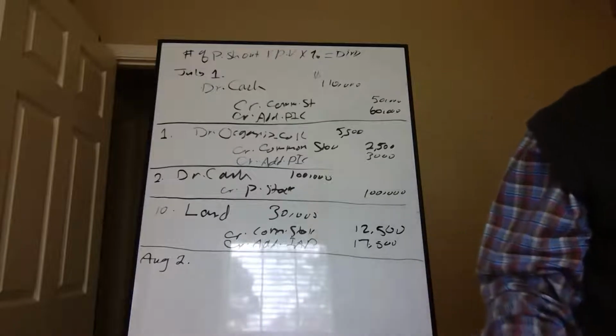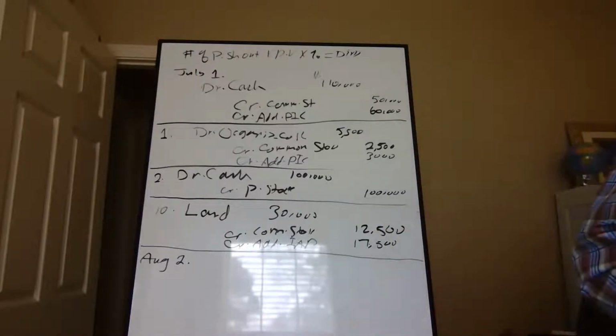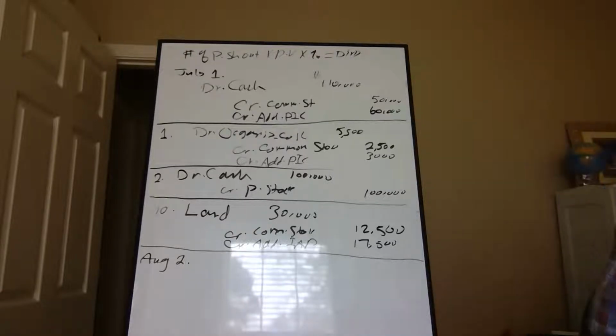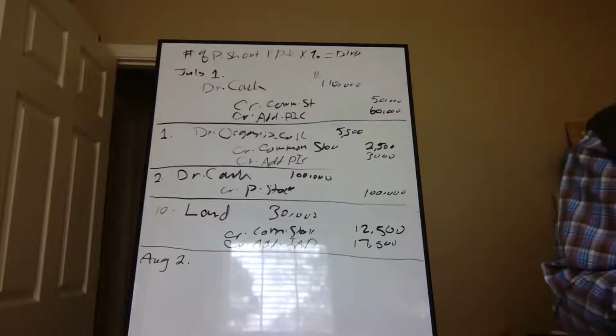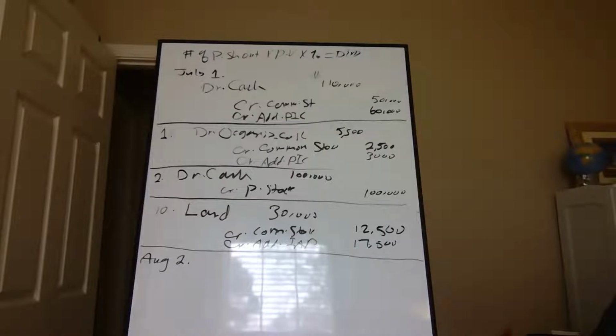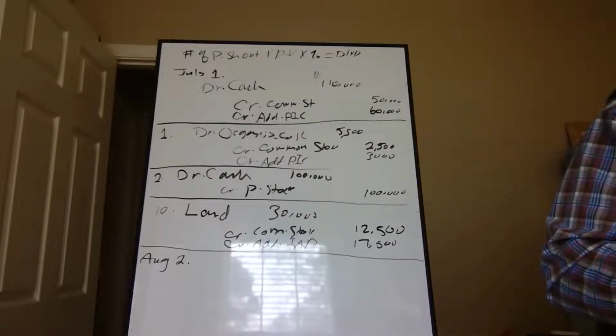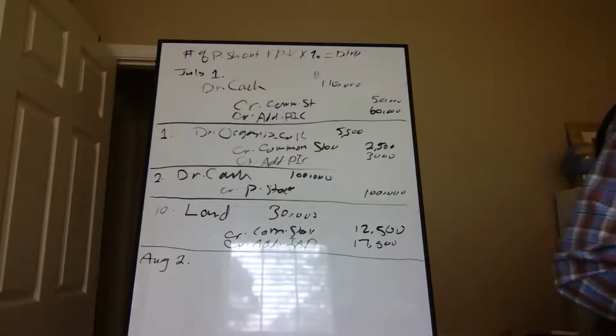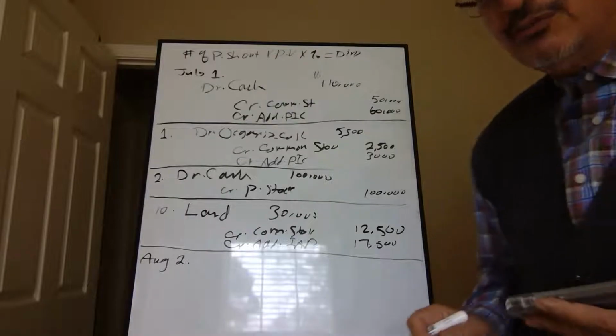The corporation buys back 1,500 shares of its shares for $13 per share. On August 2nd, purchased 1,500 shares times $13. They're going to give us $19,500.